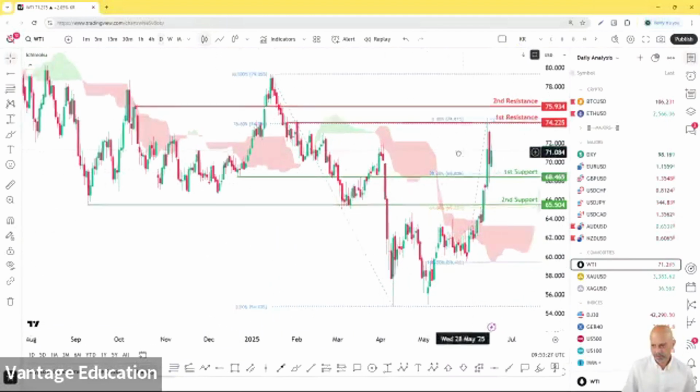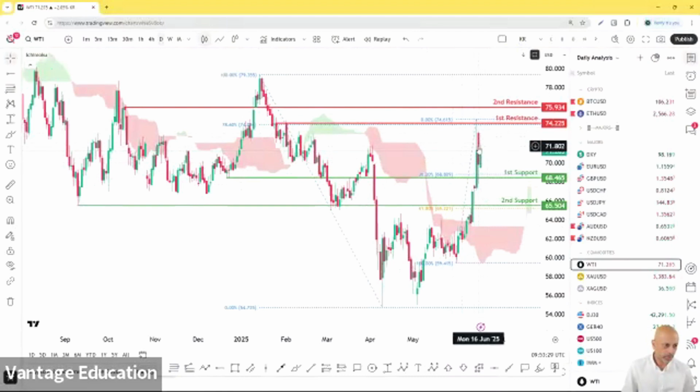So although we've seen oil prices pull back quite sharply since last Friday and particularly last Monday, WTI oil continues to remain elevated, trading at around $71.30 per barrel. It could make another strong attempt to rise up towards the first resistance, especially if we continue to see the conflict in the Middle East remain elevated, or even worse, if it continues to escalate even further, posing a risk to oil supplies coming out of that region, particularly through the Strait of Hormuz.